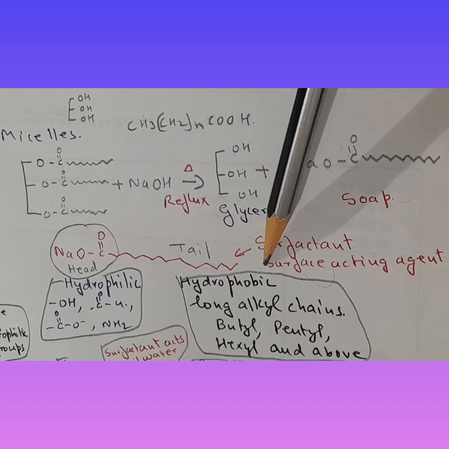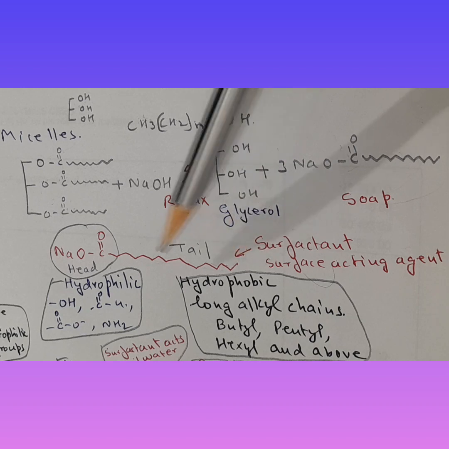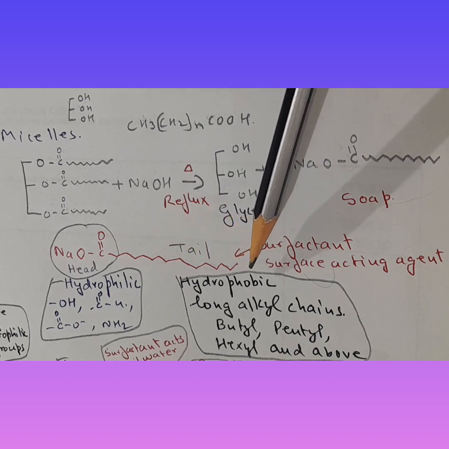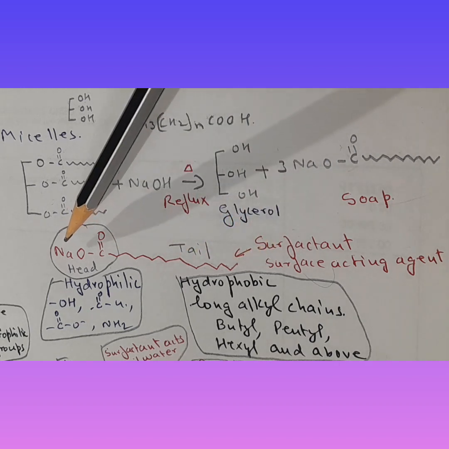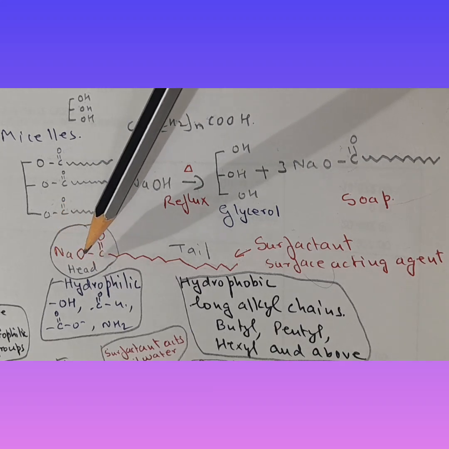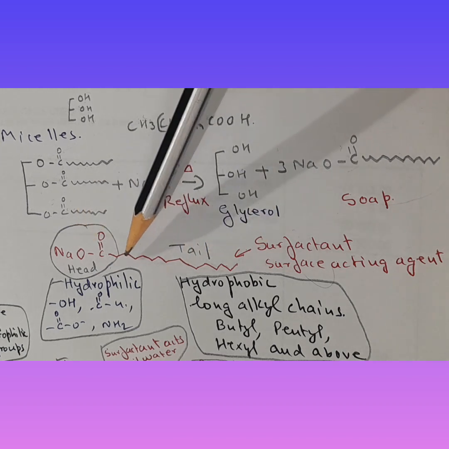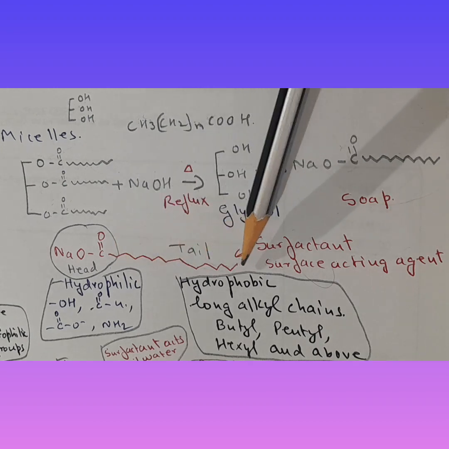The bigger the tail part, the better the lipophilic character, and the more the head, the better the hydrophilic character. The tail is made of carbon, carbon, carbon, CH2, CH2, CH2, CH2.